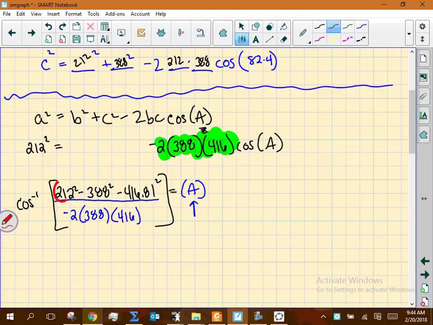We want the calculator to calculate that thing first. Store that number. Then go through and calculate that thing second. Store that number. Then divide those two stored numbers. Does that make sense? If I don't put those red parentheses in there, it won't do that. Okay.